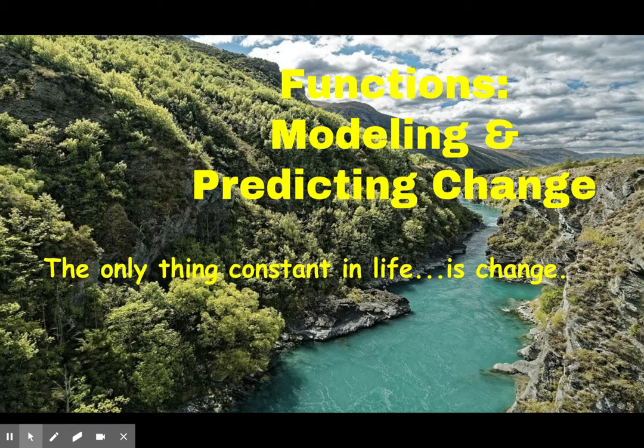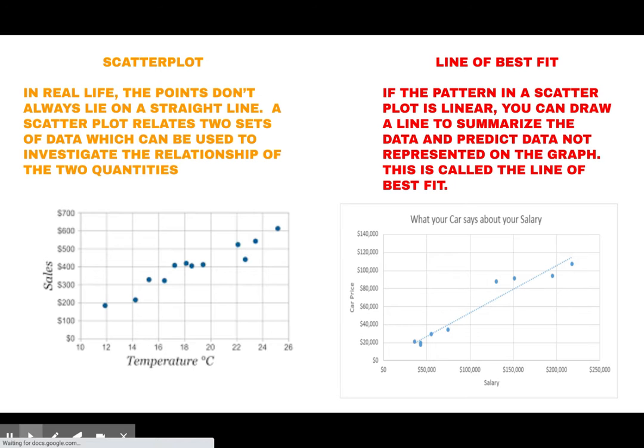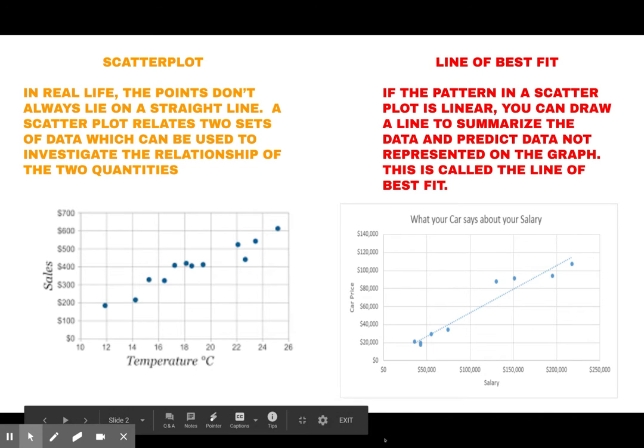Today we are continuing to learn about functions and modeling and predicting change. And this time we'll be looking at it through the perspective of a scatter plot. A scatter plot is just like a function in the sense that it does model and can be used to predict change in this data set.